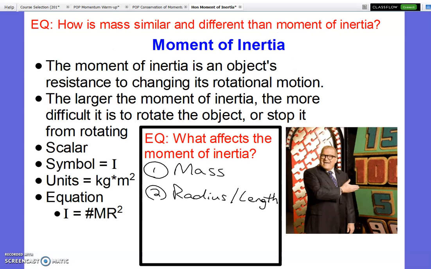The last thing that affects the moment of inertia is the mass distribution, or the shape of the object. And this is what determines this number that's going to go in front of our equation.